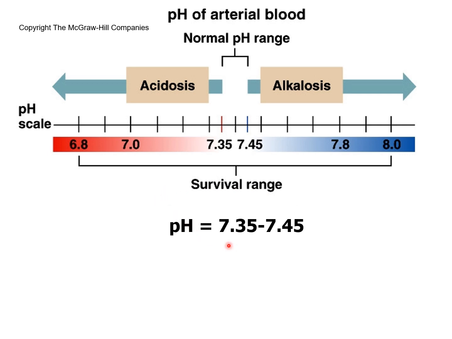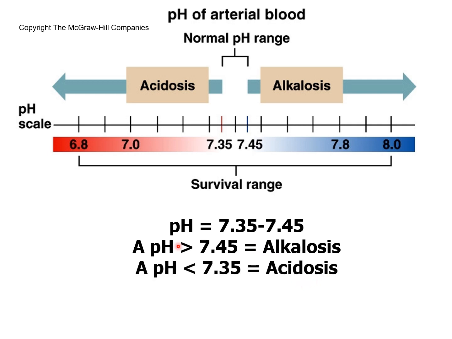It is said that even a slight change in the pH of the blood would result in a devastating effect on the animal. When the pH goes beyond 7.45, there will be the development of alkalosis. When the pH goes below 7.35, there will be acidosis.